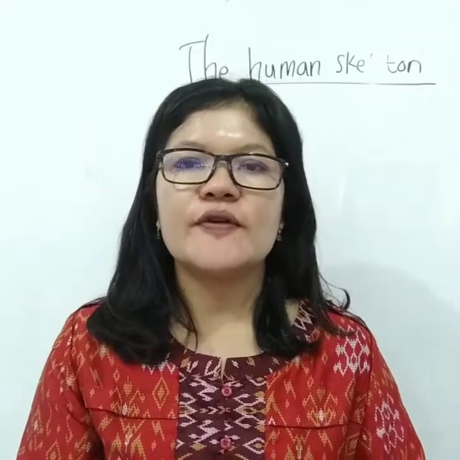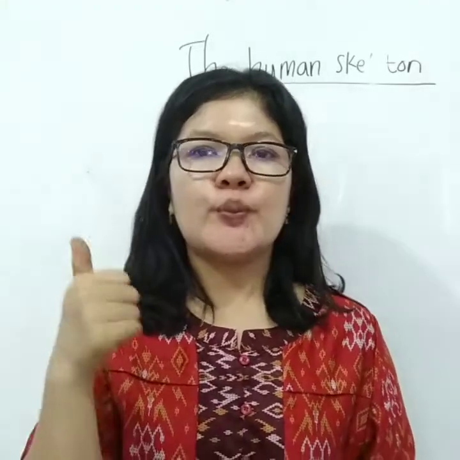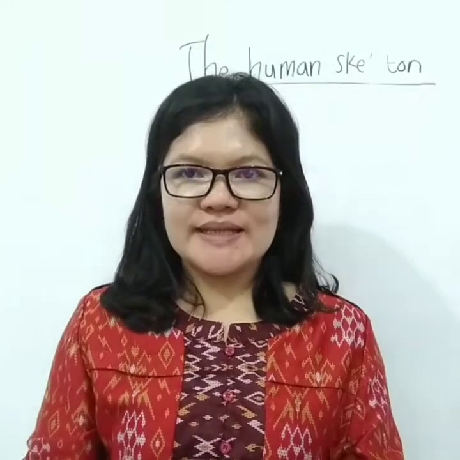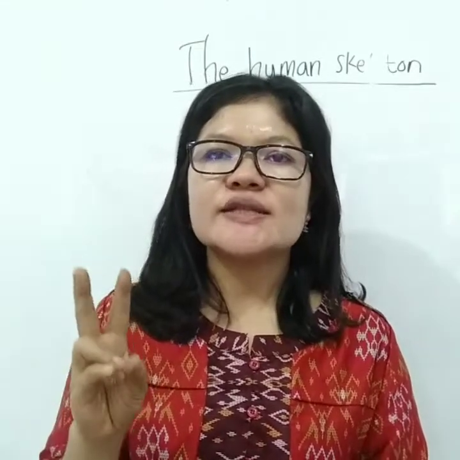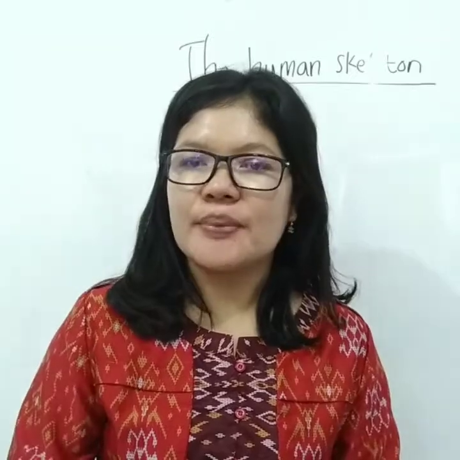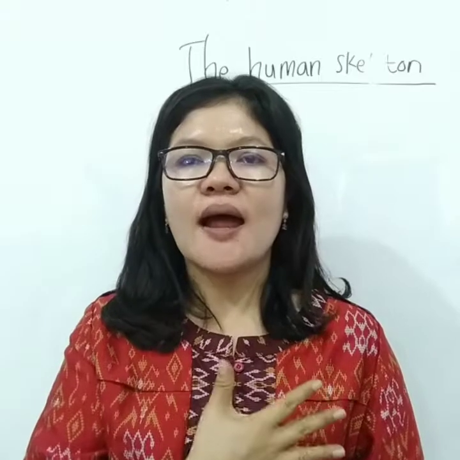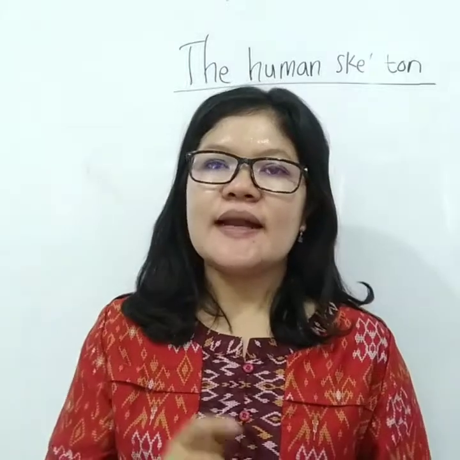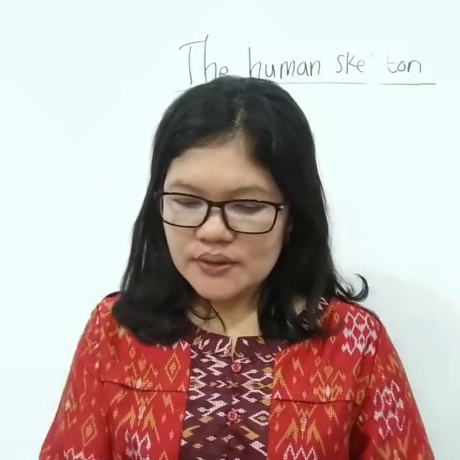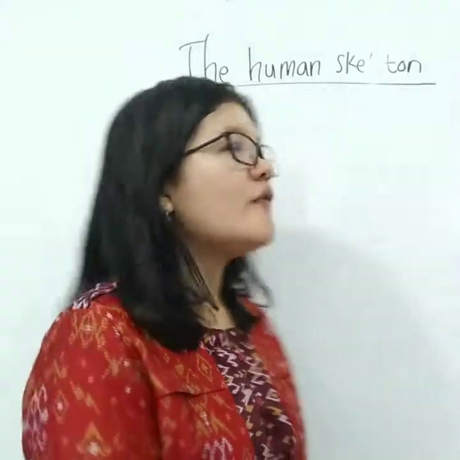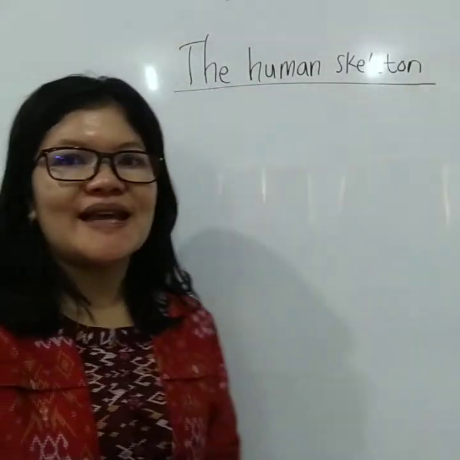The first is to support our body, to make you stand upright. The second is to give our body shape. The third is to protect the important organs in our body, for example the brain, heart, lungs, and many more. And the last is to help us move. Okay, those are the uses of the human skeleton.